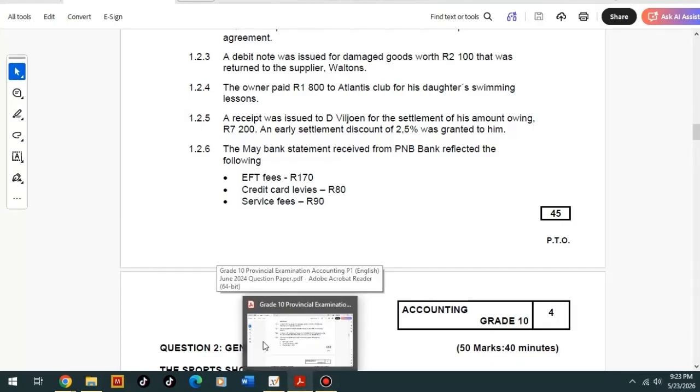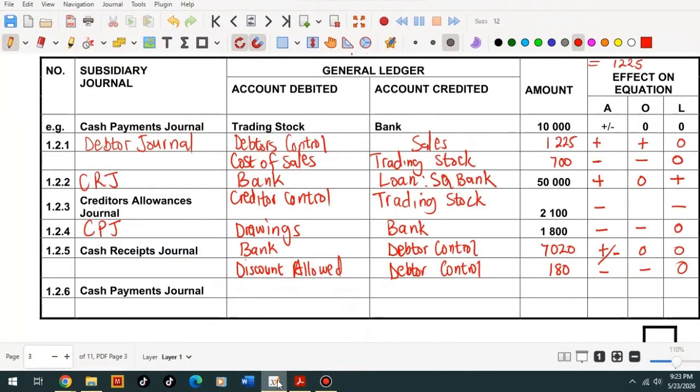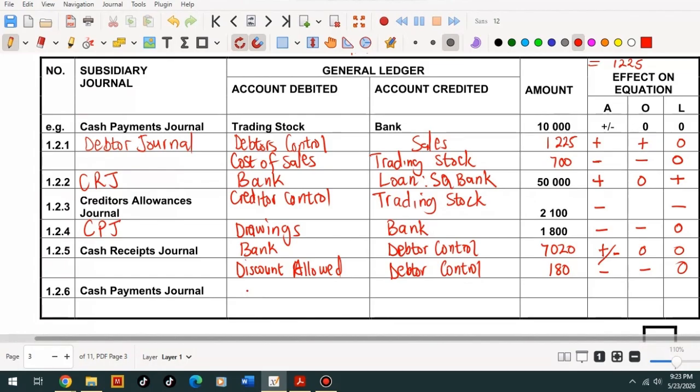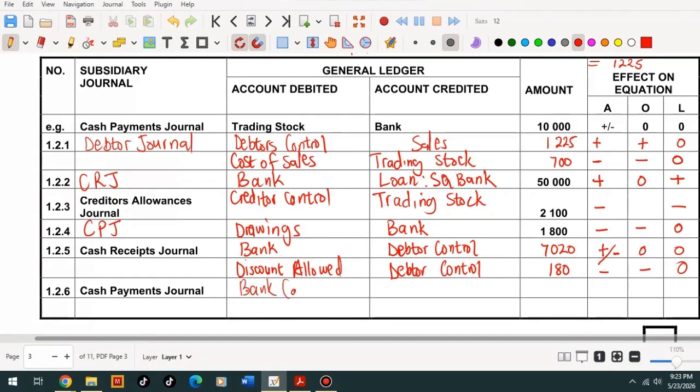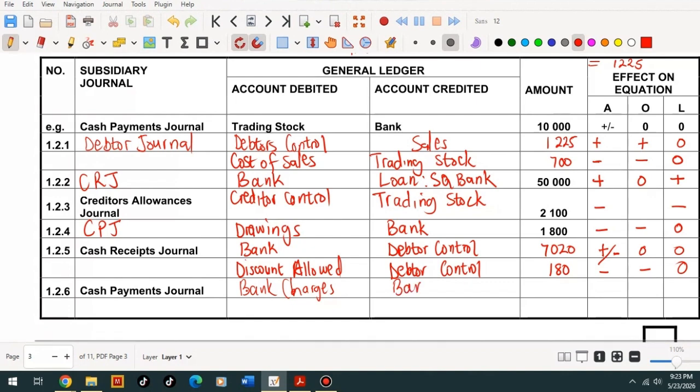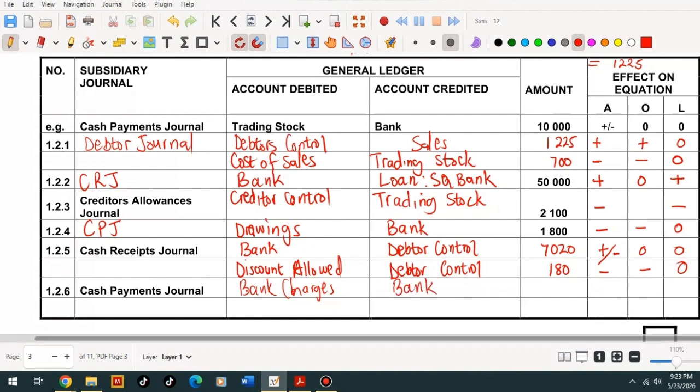This is recorded in the cash payment journal, and the account to be debited is bank charges. So we are going to create bank charges as an account for all these expenses. Then the bank account is going to decrease by that amount.